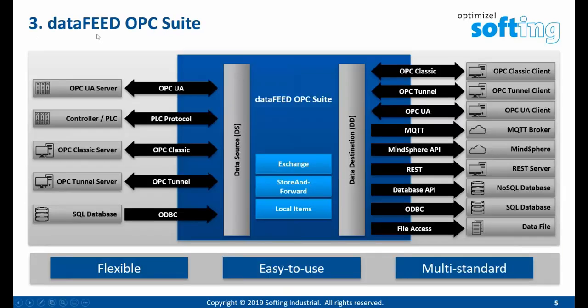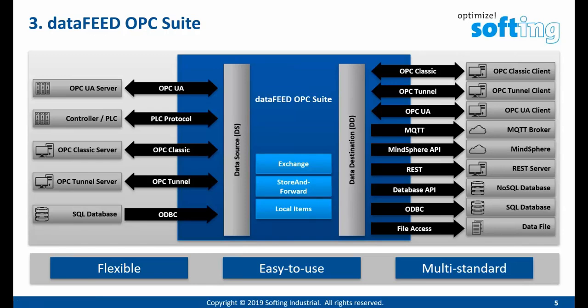A few words about the dataFEED OPC Suite. It is a software from Softing, which you can install on your PC or on your server. How it works is easily explained by looking at this picture. On the left-hand side you can see different data sources.